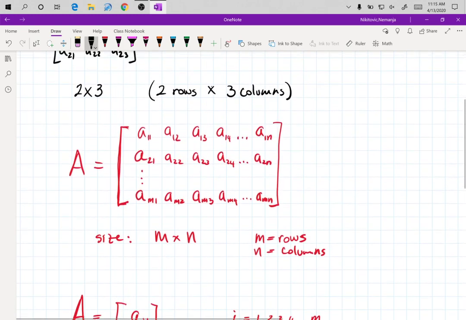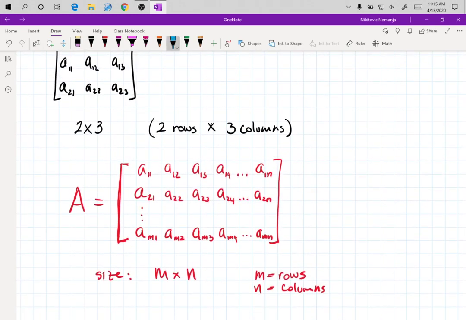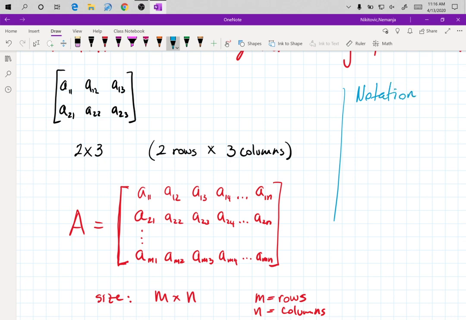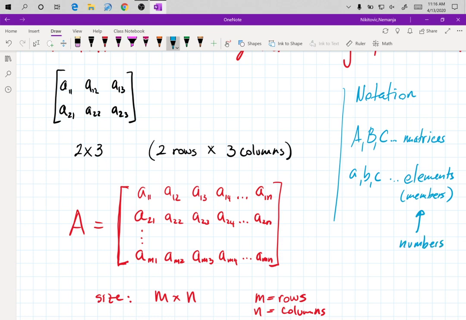So uppercase A, B, C. Maybe I should add that to the notation here. A, B, C are matrices. And then lowercase a, b, c are elements or members, which are actually the numbers or functions.